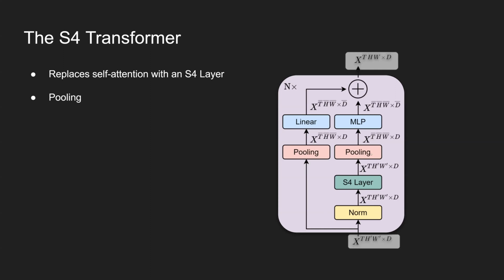So we reduce the number of spatial tokens through this pooling. And then we have this skip connection, same as a regular transformer. Then after you've pooled spatial information, you reduce the feature size of all of the tokens.